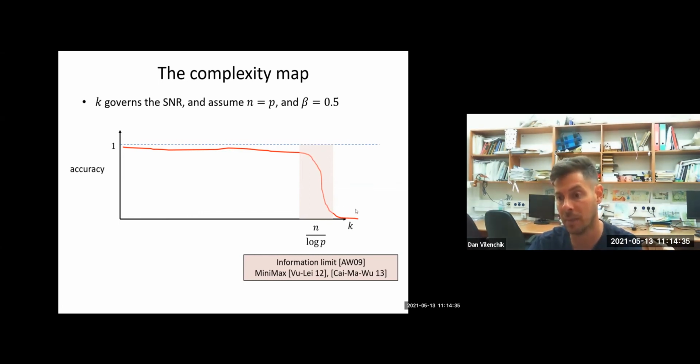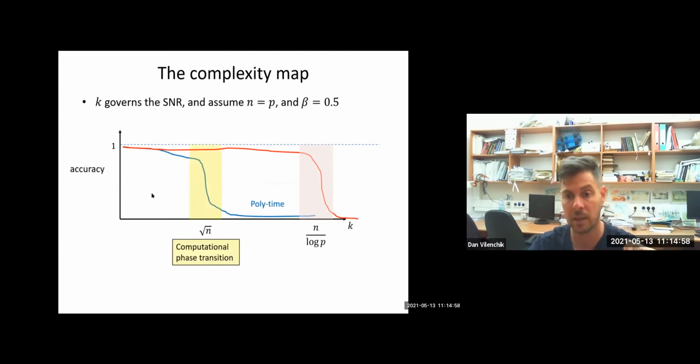There's an information limit, namely every algorithm, regardless of the running time, cannot obtain accuracy 1. So let's say we'll miss at least half of the entries. And complementing those results, showing that the naive exhaustive search actually recovers this planted spike up to the information limit. So this is one thing.